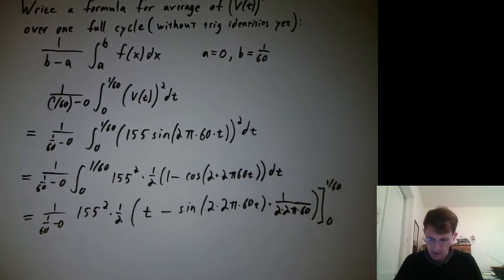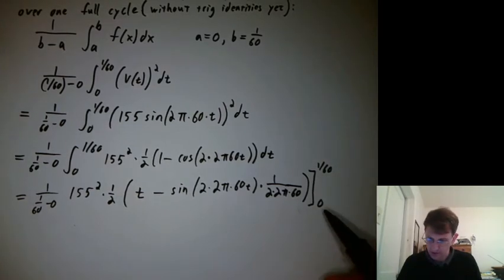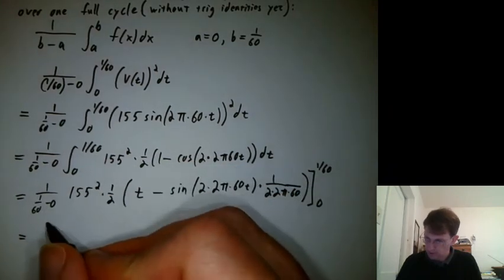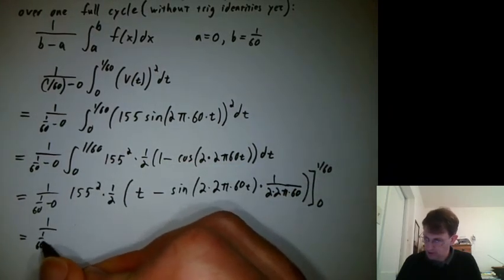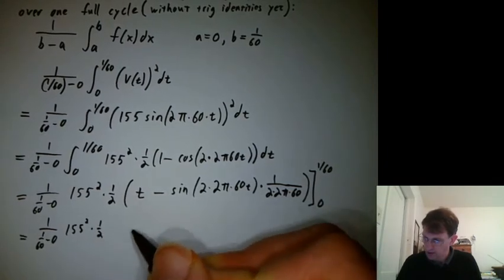Okay, what can we do now? Basically just plug in the 1/60th and 0. We got 1 over 60 minus 0, 155 squared times 1/2.